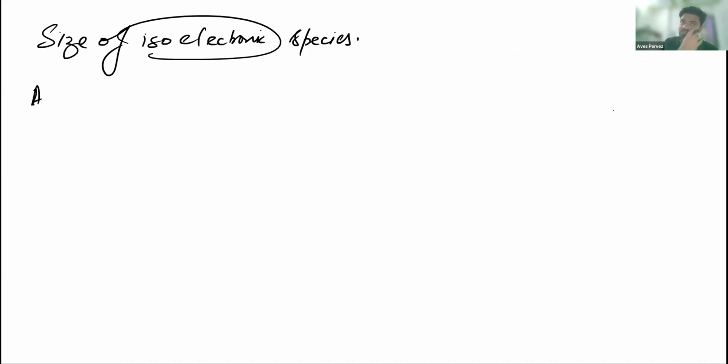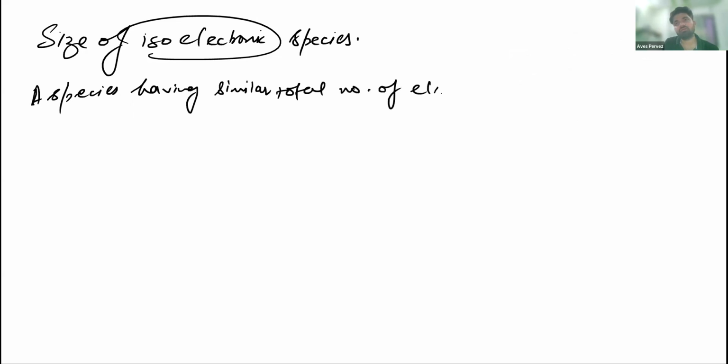So all of them have the same number of electrons. Got it? Isoelectronic species. So we can say that species having a similar total number of electrons are called isoelectronic species.